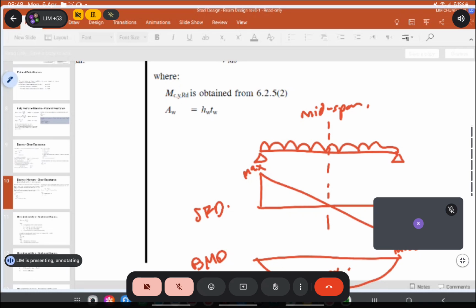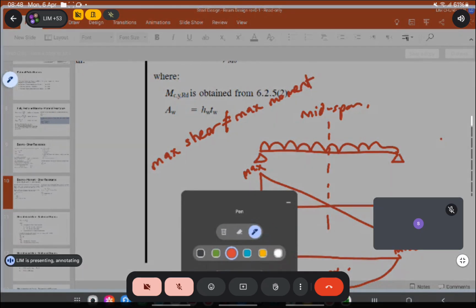Maximum shear doesn't occur at the same place as maximum bending moment, normally, not all the time. Remember this, normally not at the same place.